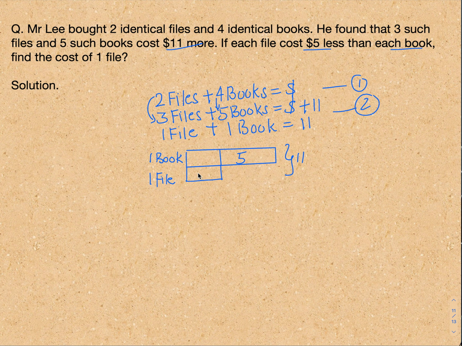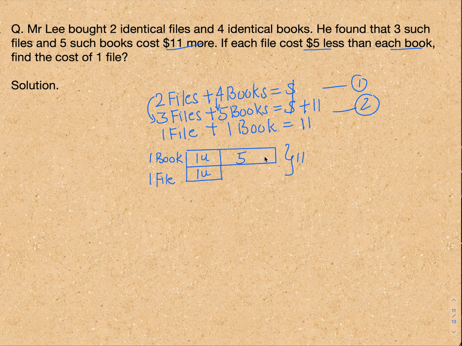So let's say the cost of one file is 1 unit, then what would be the cost of the one book? It will be 1 unit plus another 5. We can see it from the model, right? So the cost of one file is 1 unit and the cost of one book is 1 unit plus 5.